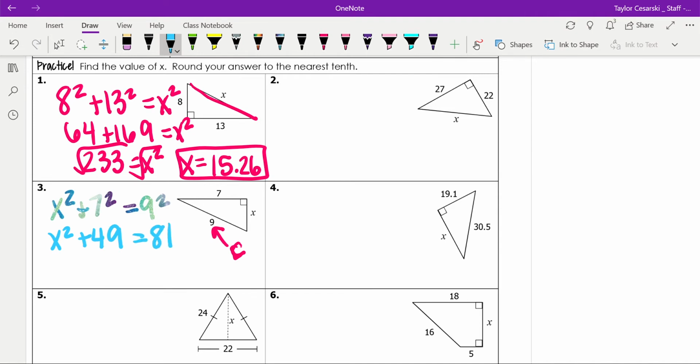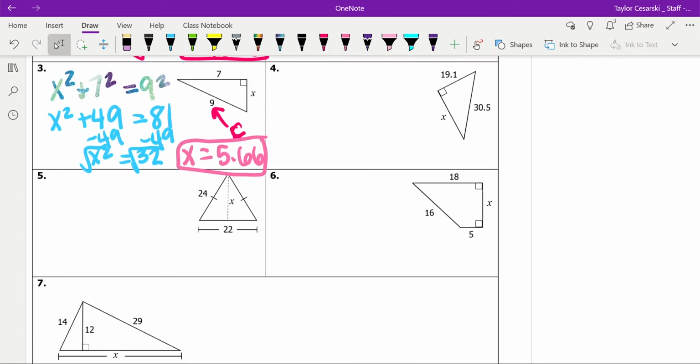Now, again, you want to get the x by itself, so I'm going to subtract 49 from both sides, and x squared equals 32. Again, 32 is not your final answer. You have to take the square root of both sides in your calculator, and to 2 decimal places, that gives you x equals 5.66.